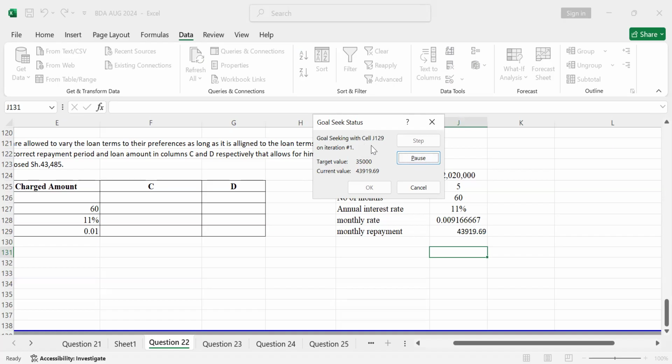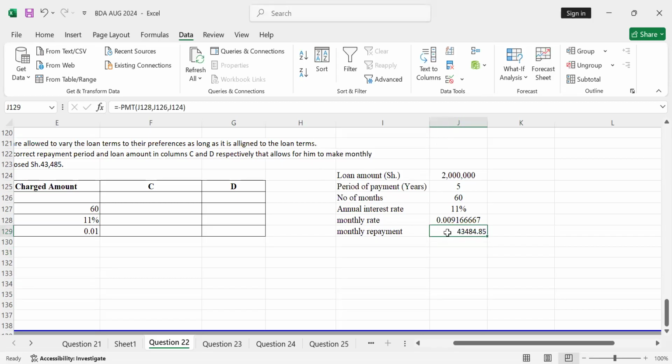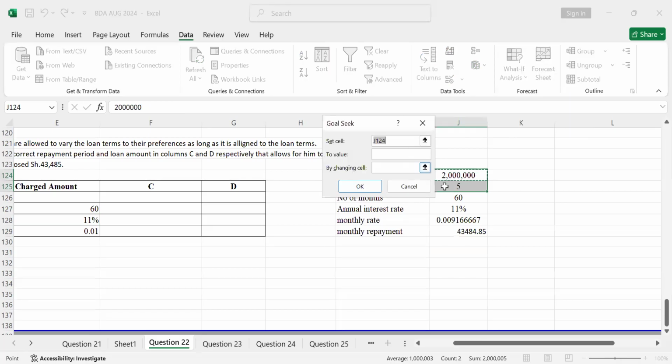My target value, the current value is that, so it's okay. This is what I want it to change to, 35,000.